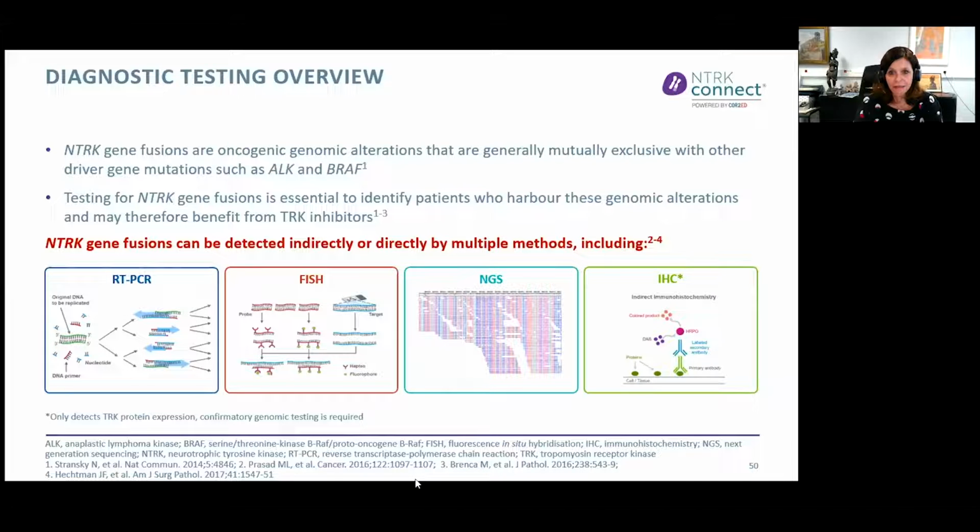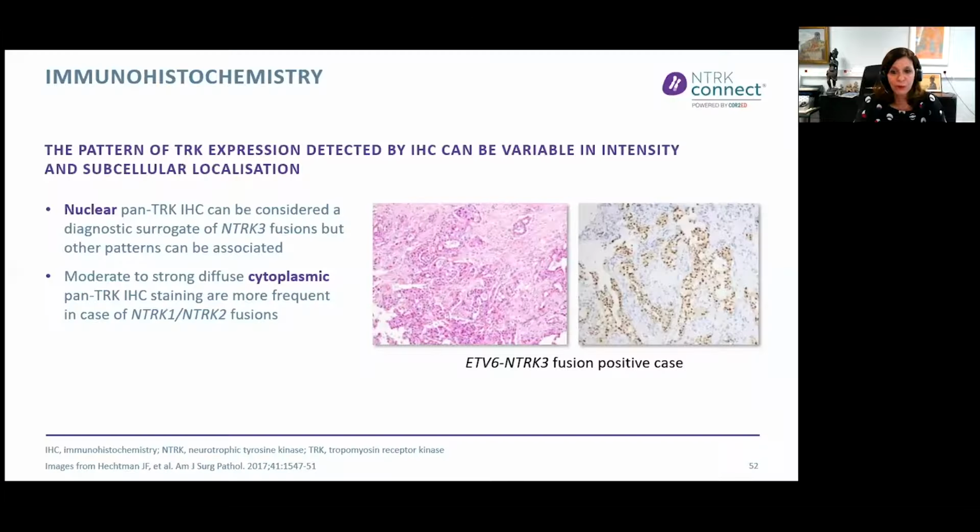But as we are collecting data right now, I think it's something that is very important to have in mind. So testing, of course, will be very important, and we have several techniques that can be used, and I'm going to go through them. And next slide, I will start with immunohistochemistry.